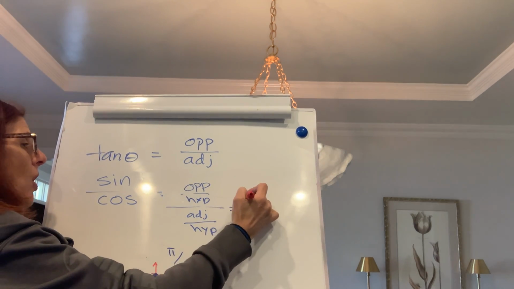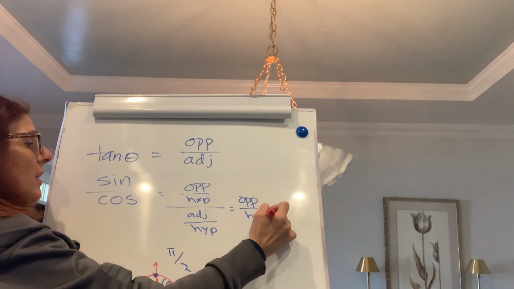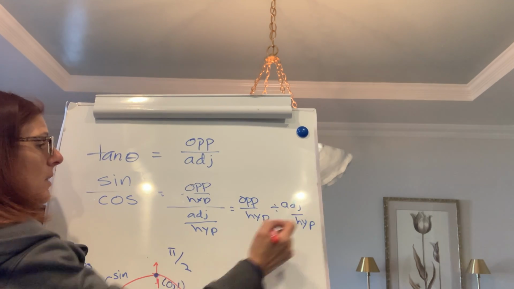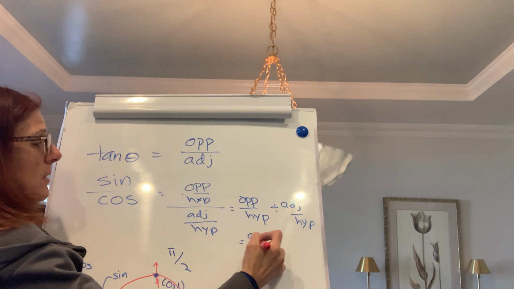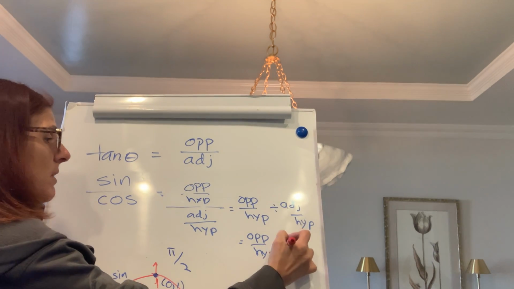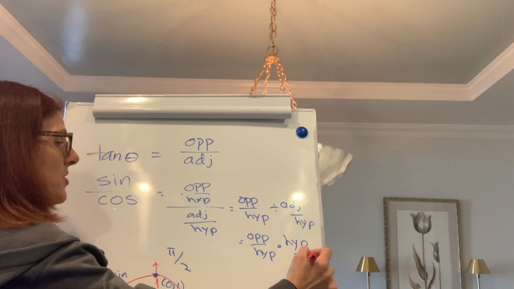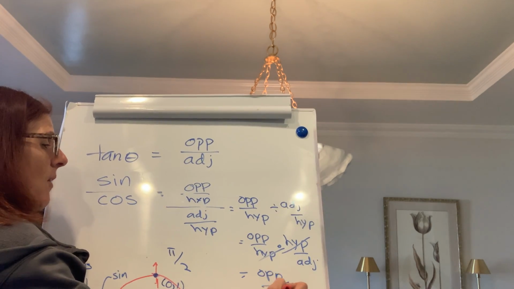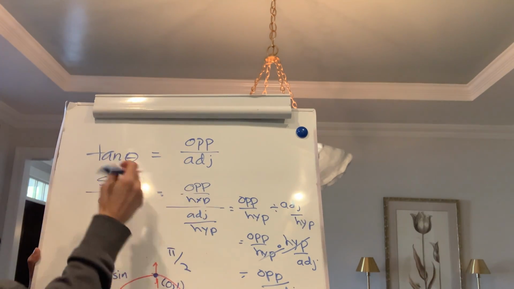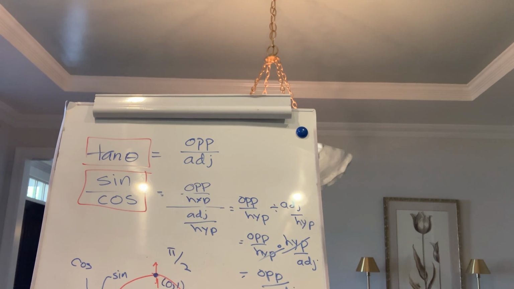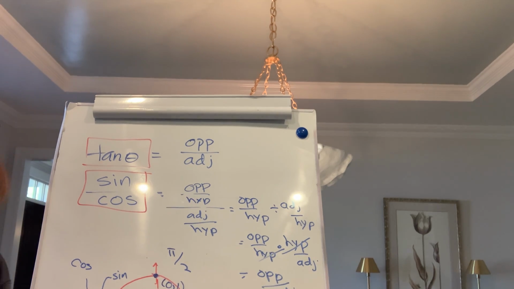In other words, opposite over hypotenuse divided by adjacent over hypotenuse. If I flip that, change division to multiplication, take the reciprocal of the second fraction, hypotenuse cancels out, and I get opposite over adjacent. All right, so that tells me that tangent is the same thing as sine over cosine.